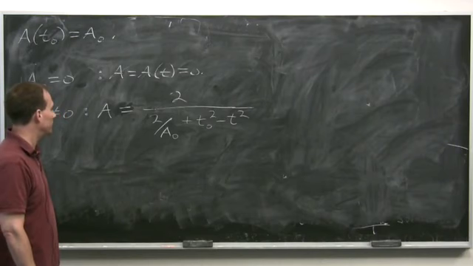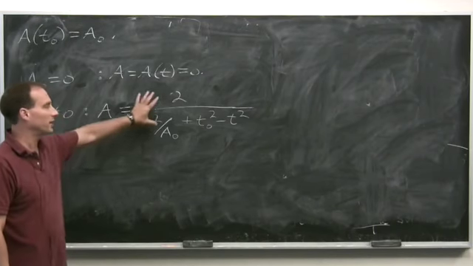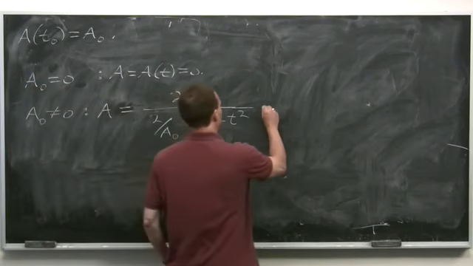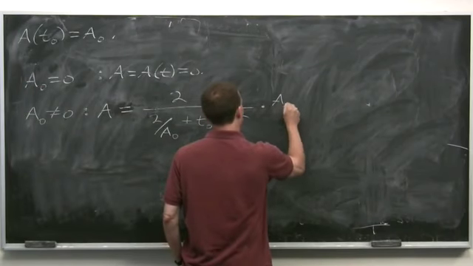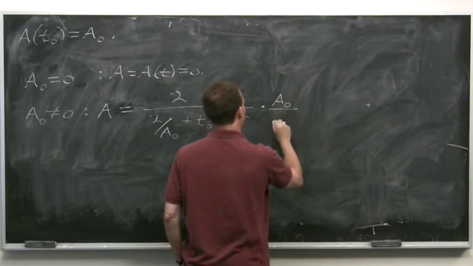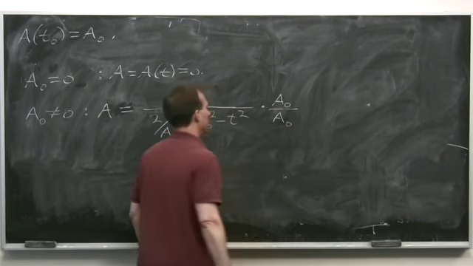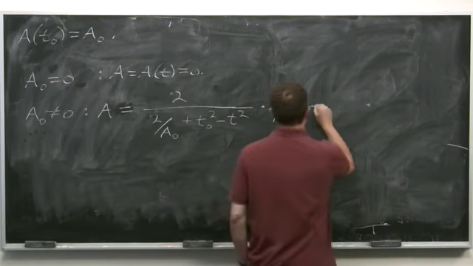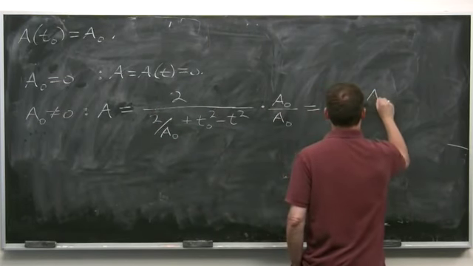Secondly, it's kind of cool what happens if you make that look better. So I'm going to multiply the big numerator and denominator by an A0 to get rid of this division by A0. We're in the case where A0 is not 0, so we can do that. In the numerator, then, we would get 2A0.